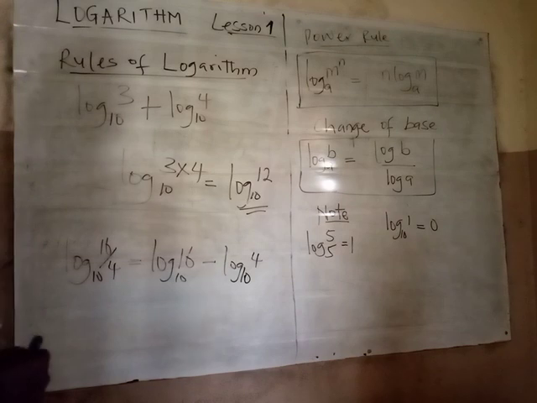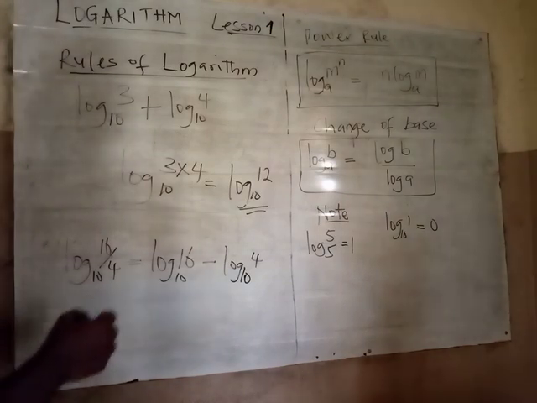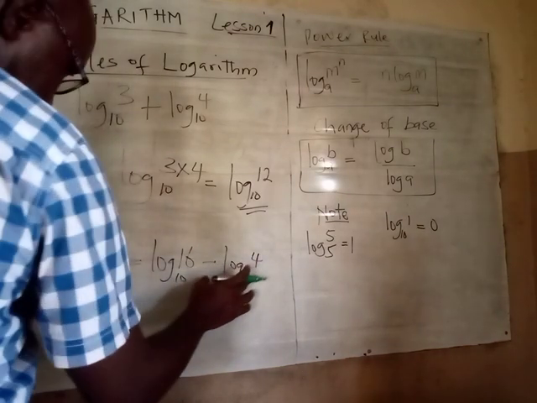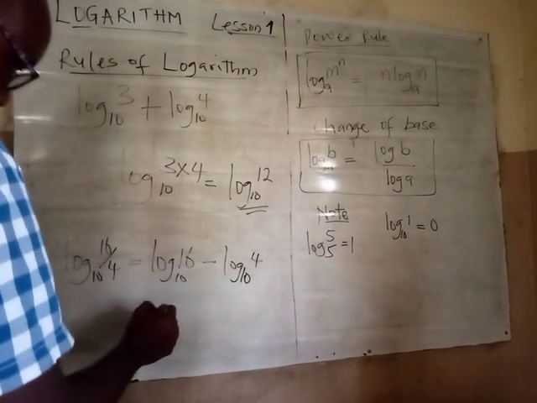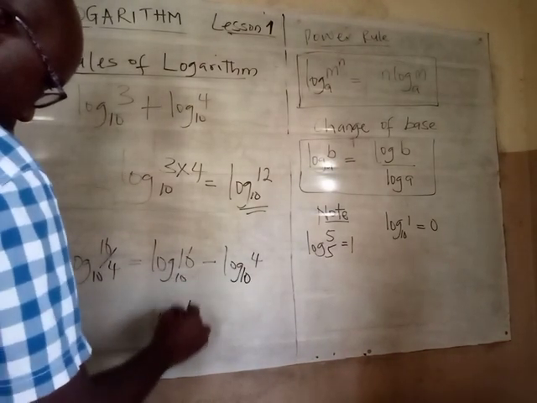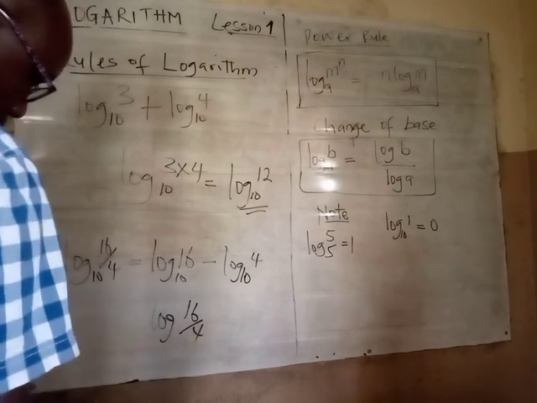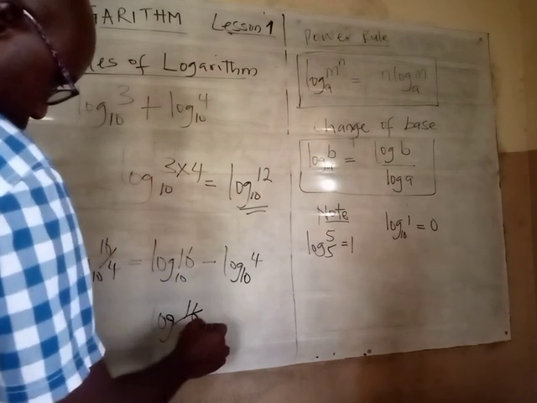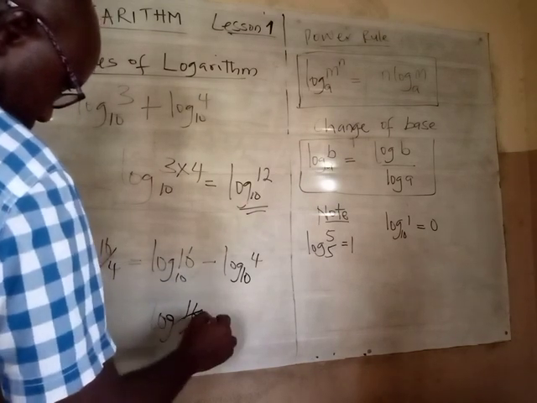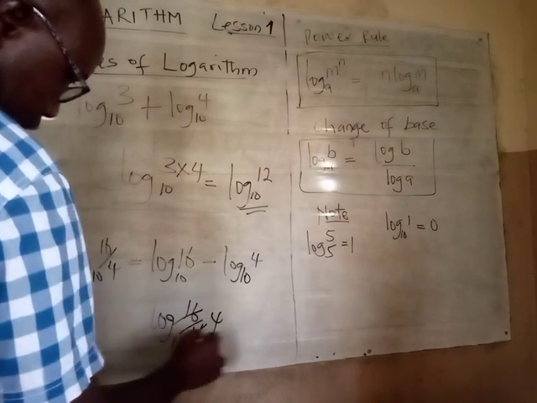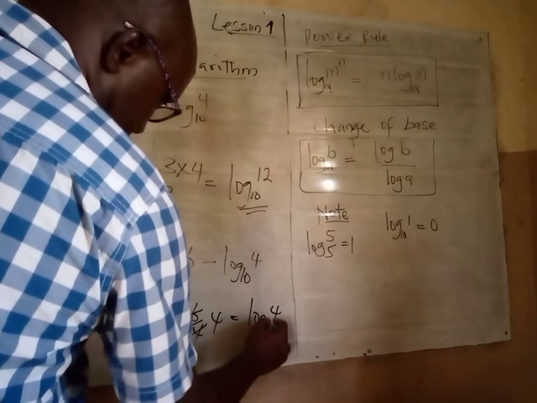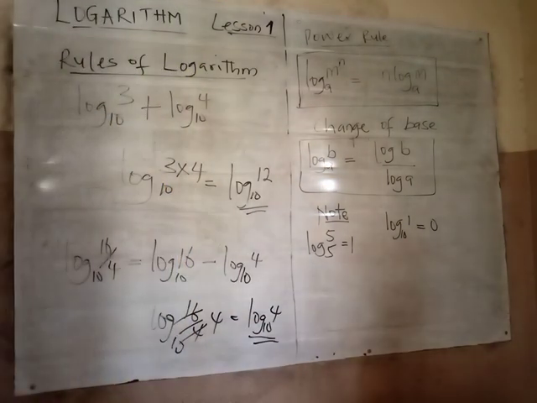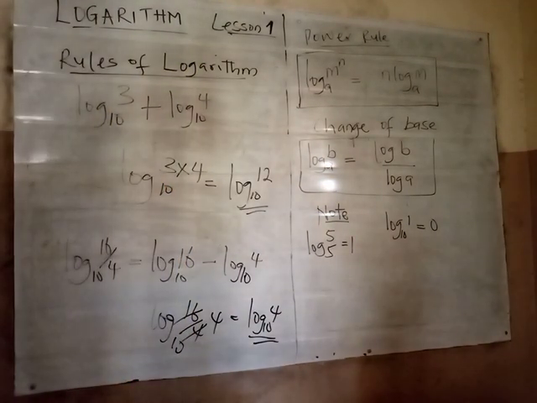So when we have such, we have agreed that a minus is division. So it's the same thing as log 16 over 4, which you can reduce to 4, 16 divided by 4, base 10. So we now have log 4 base 10. This is how to do this type of question.